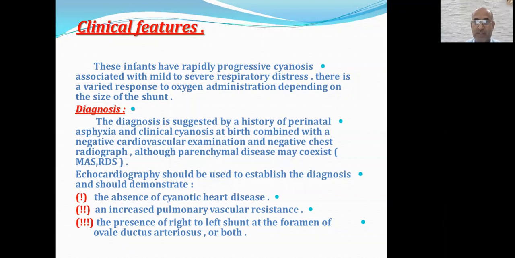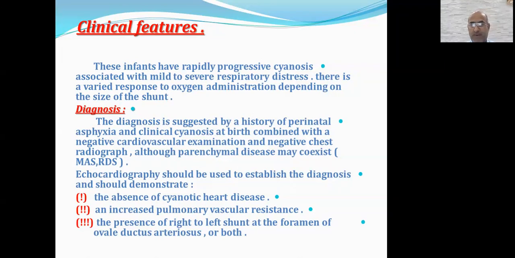With a full term infant, you should think about this possibility. Clear chest, normal cardiac examination, full term, meconium aspiration syndrome. Of course, all of these help us to think about this possibility.